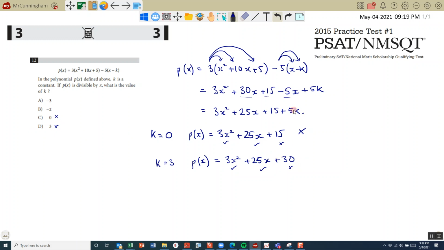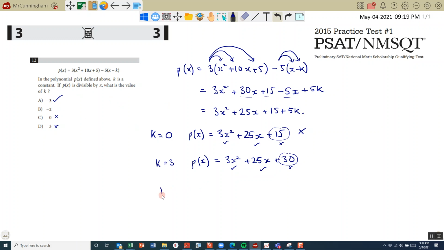So can we see what's going on here? What value does all of the constant bit have to be in order for p of x to be divisible by x? Well, the only thing it can be is 0. If this is 0, then I'm just left with the x squared term and the x term. So which one of these is going to make it 0? Well, let's have a look.